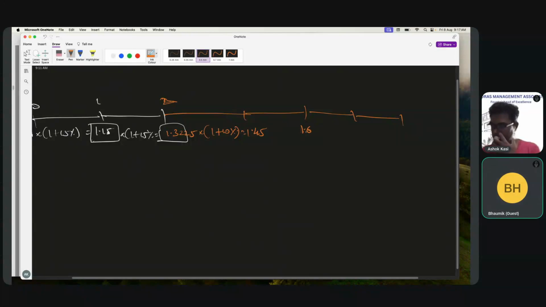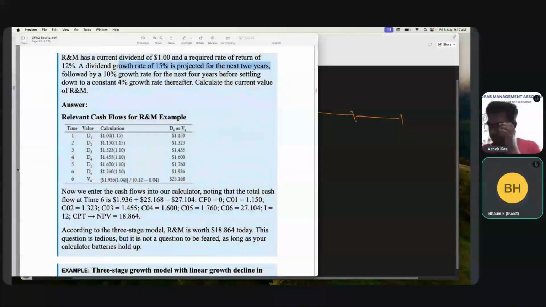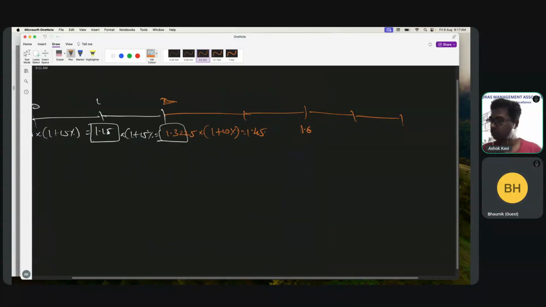Go for 3-4 decimals, because otherwise some deviations will happen.